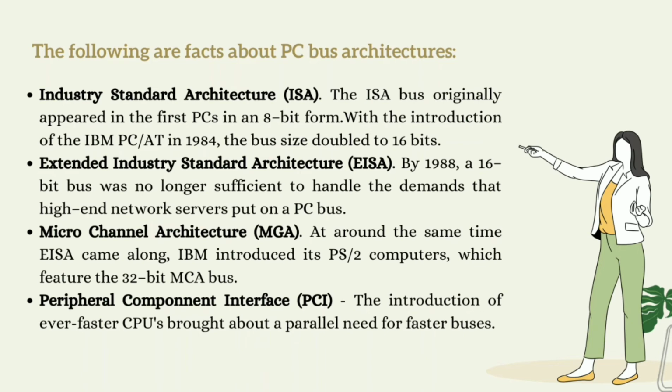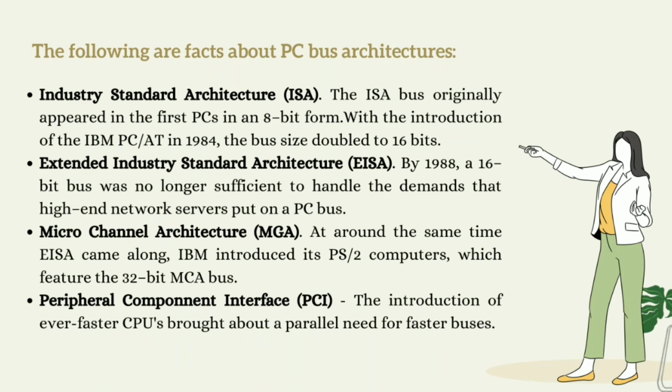First is Industry Standard Architecture, or ISA. The ISA bus originally appeared in the first PC in 8-bit form with the introduction of the IBM PC AT in 1984.